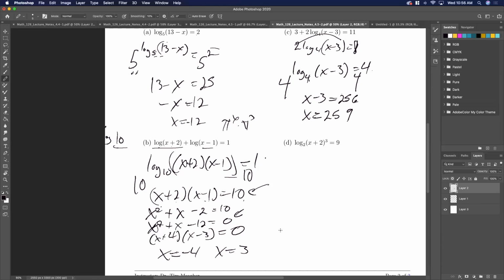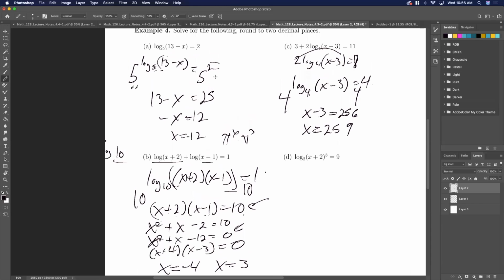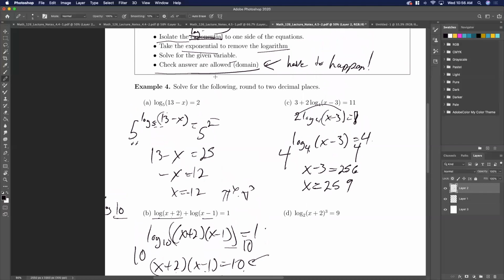Now we get to here. So what's our very last step? We need to check if it's in the domain. Have I done this before? The answer is no, but let me just do it real quick.